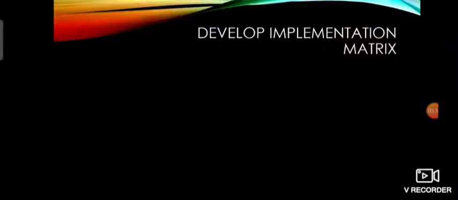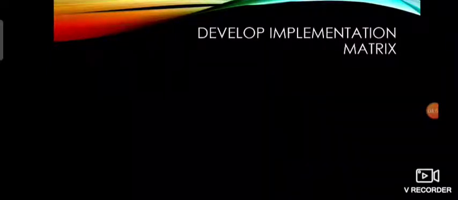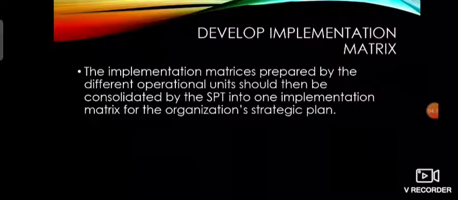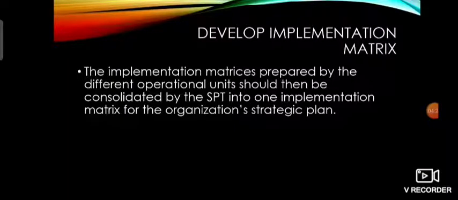if we already check the things needed, now we develop an implementation matrix. Okay, so the development of implementation matrix. Okay, so the matrices prepared by the different operational units should then be consolidated by the SPT into one implementation matrix for the organization's strategic plan.